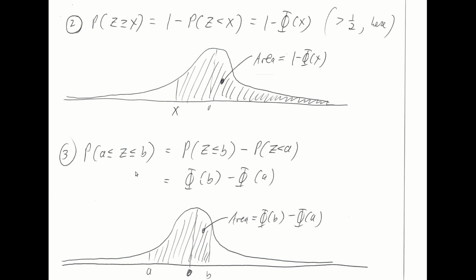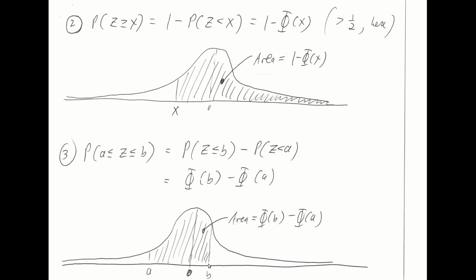The last type of probability we can compute straight away using phi is the probability that big Z falls between two numbers, so between some A and B. And I've drawn them here. It looks like A stretches out a little bit further to the left than B does to the right. But the probability that Z falls between those two values is going to be given by the area under this curve.